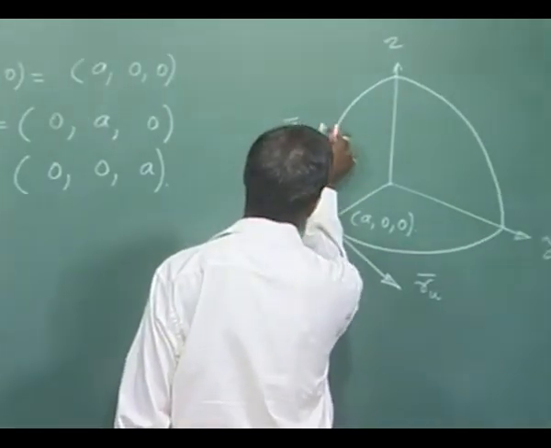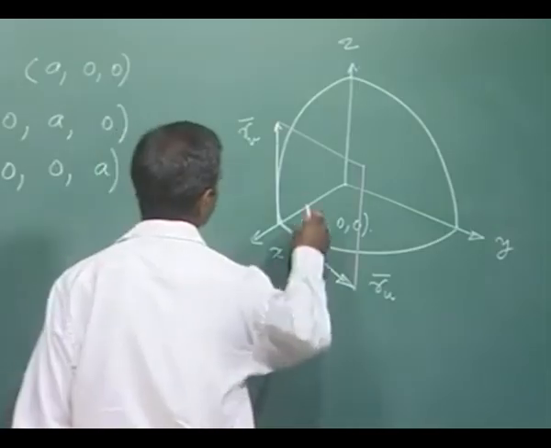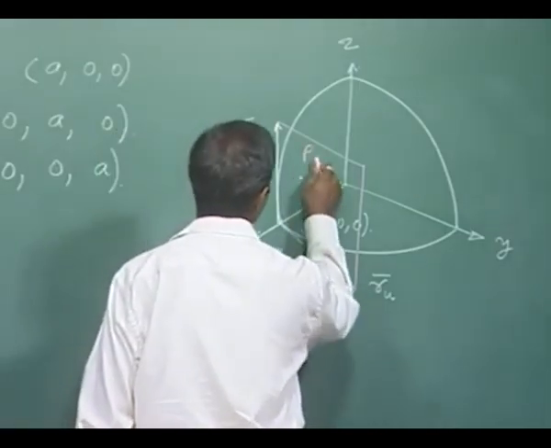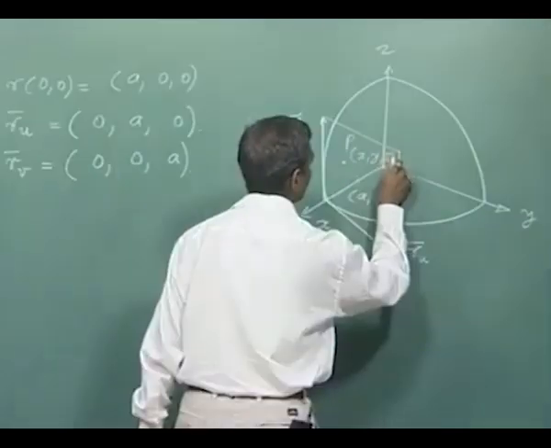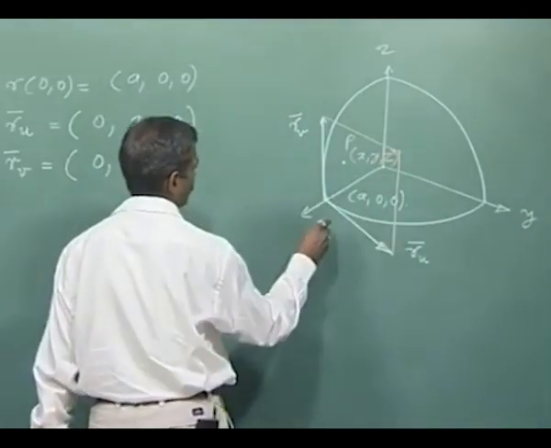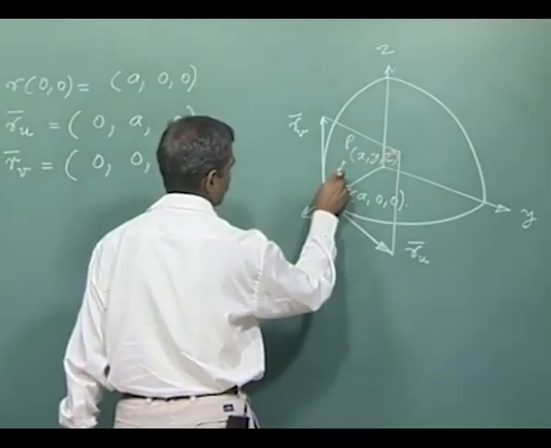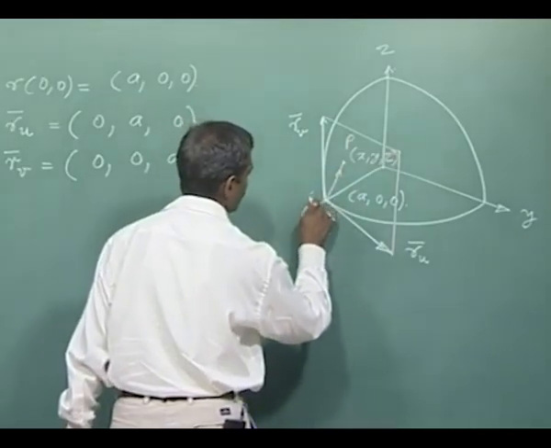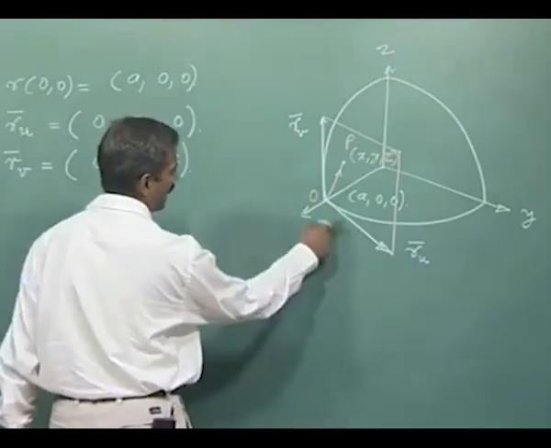Say this is our tangent plane, and let's have a point P here given by (x, y, z). Let's say this is point O here, where we have defined our two tangents.